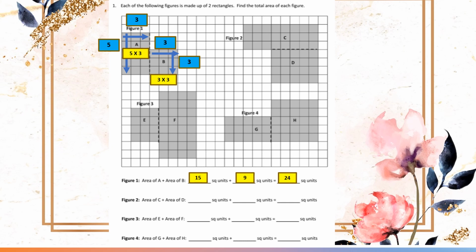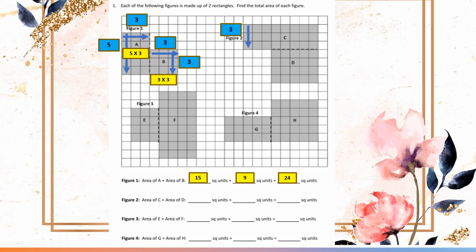Okay, let's move on to figure 2. Figure 2 is made up of rectangle C and rectangle D. Let's figure out the length of rectangle C. The length of rectangle C should be 3 because it's 3 units long.